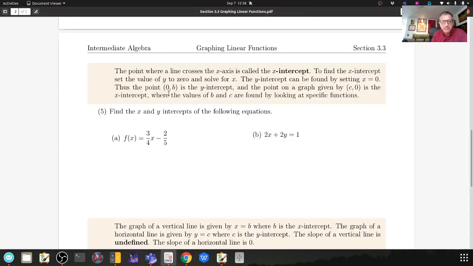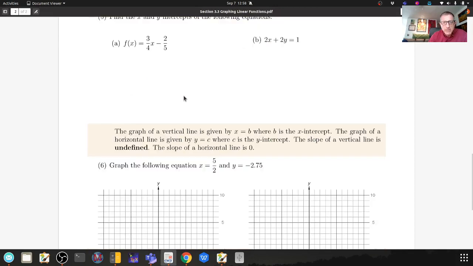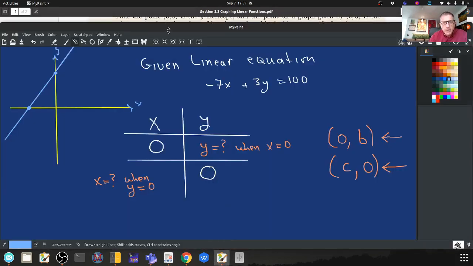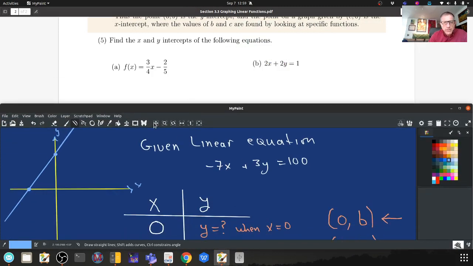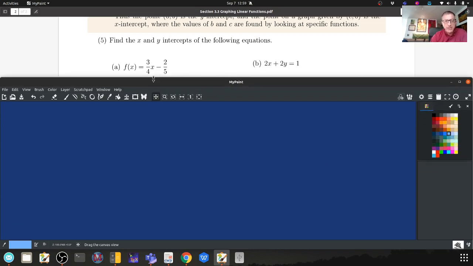So let's go on. The cool thing about it is we can find the x and the y-intercepts of the following equations. So the first example, we have to remember they've already thrown something at you. This is common in math.